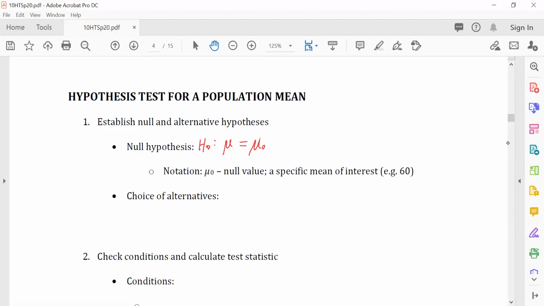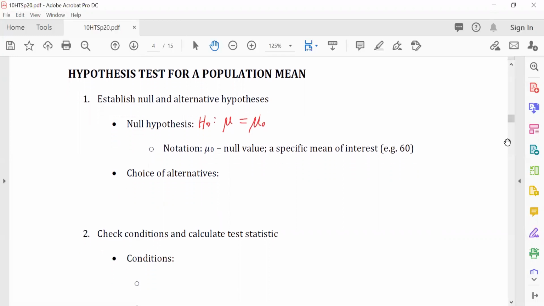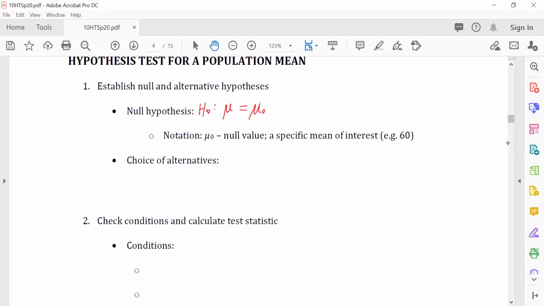I just put it here as a placeholder for the null value, which is a specific mean of interest. In our caffeine example, that's the 60. So that's our null hypothesis. Remember we mentioned that the null hypothesis is always with the equal sign.